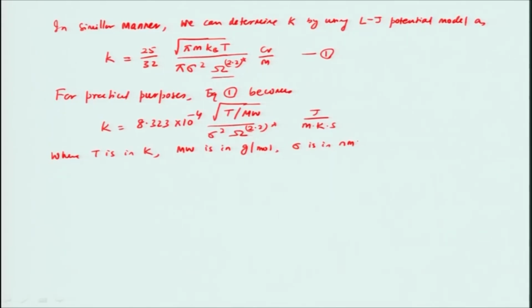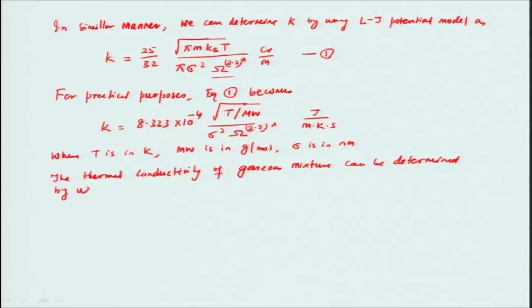This is of course corresponding to one species, but there might be several of them, so you need to calculate for mixtures. The thermal conductivity of a gaseous mixture consisting of different species can be determined by using the following empirical relationship.